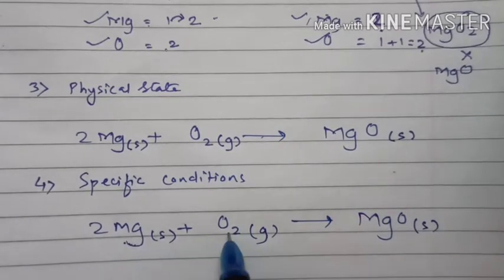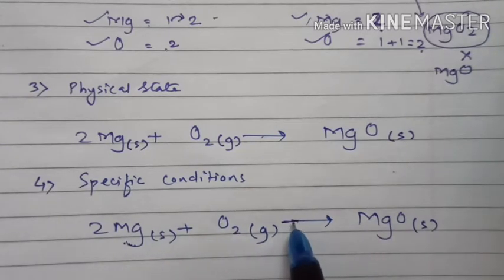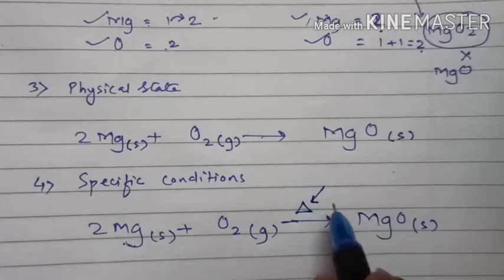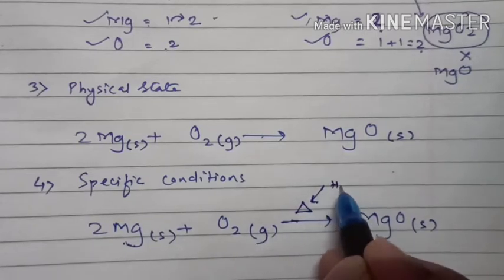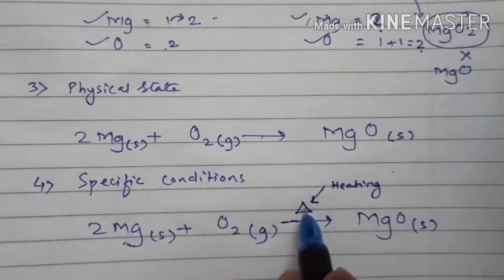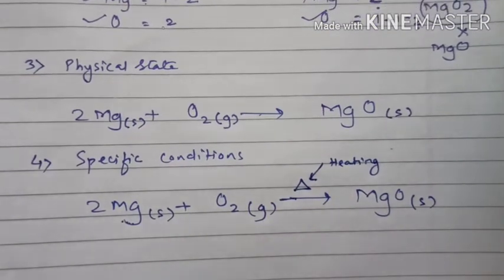Magnesium ribbons are burning in presence of air. Burning is called heating. So here the special condition is heating and it is denoted by this triangle. Instead of writing heating, we simply draw this triangle over here and it will do the same.